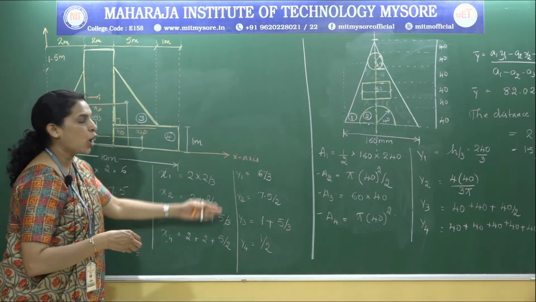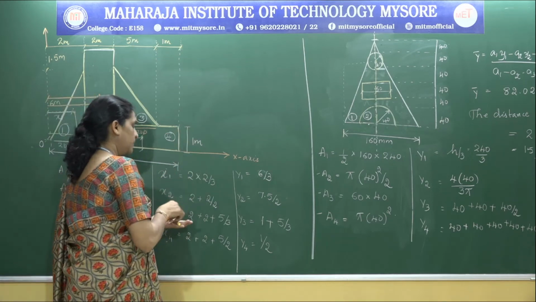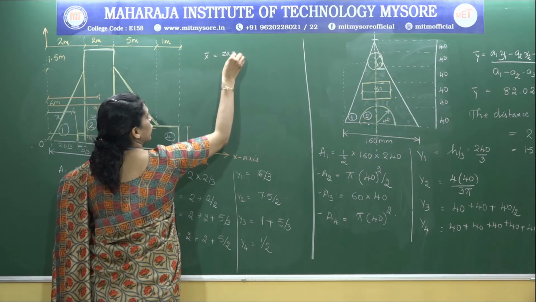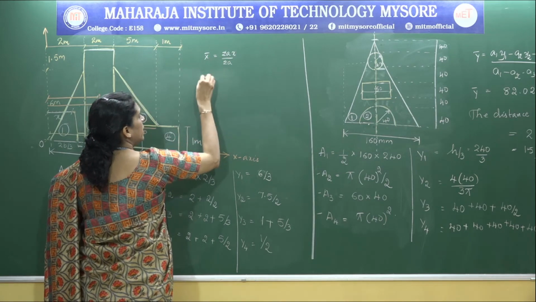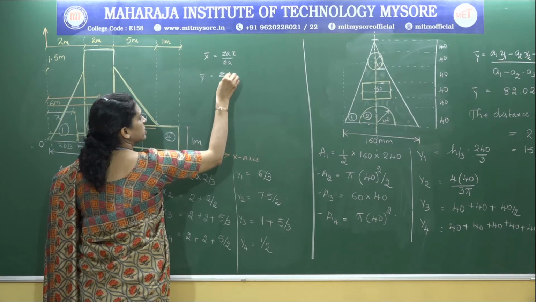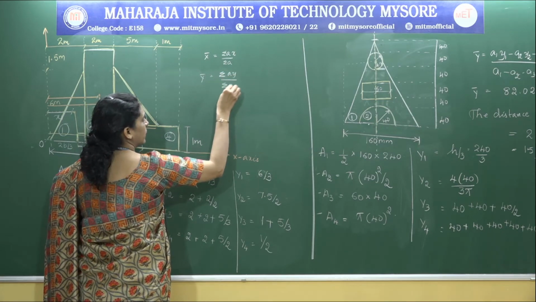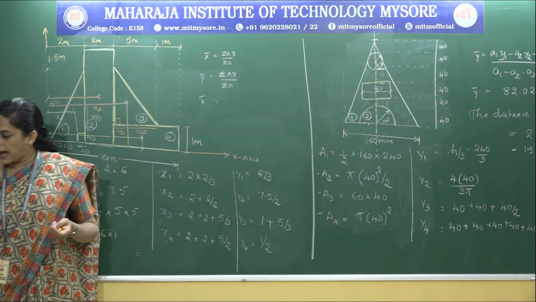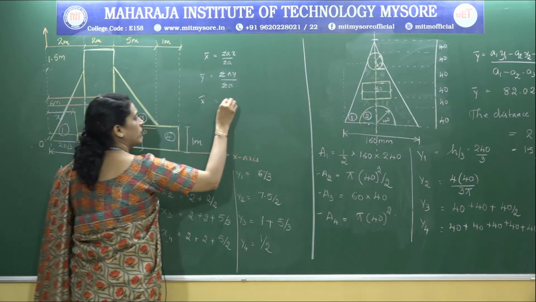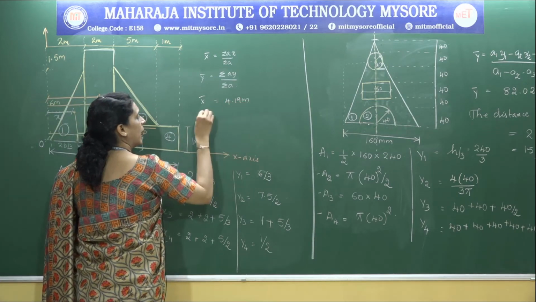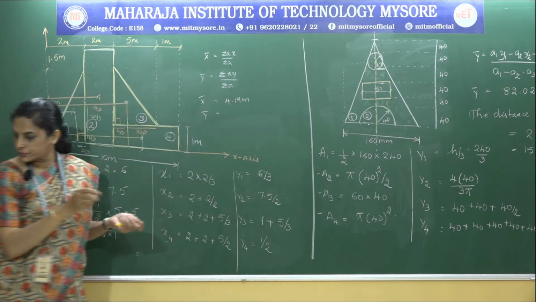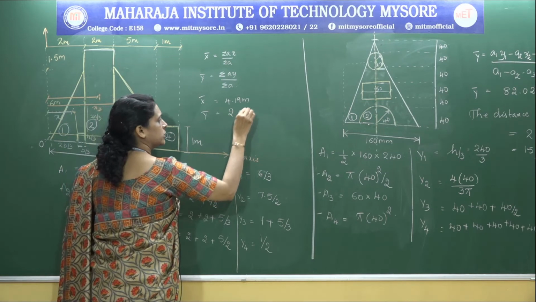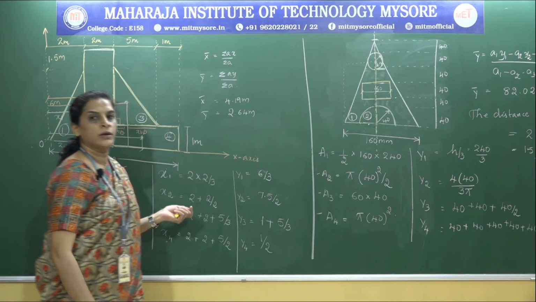Upon substituting all these values in the expression x bar as summation of ax by summation of a and y bar noted as summation of ay by summation of a, we get the value of x bar as 4.19 meter and y bar as 2.64 meter.